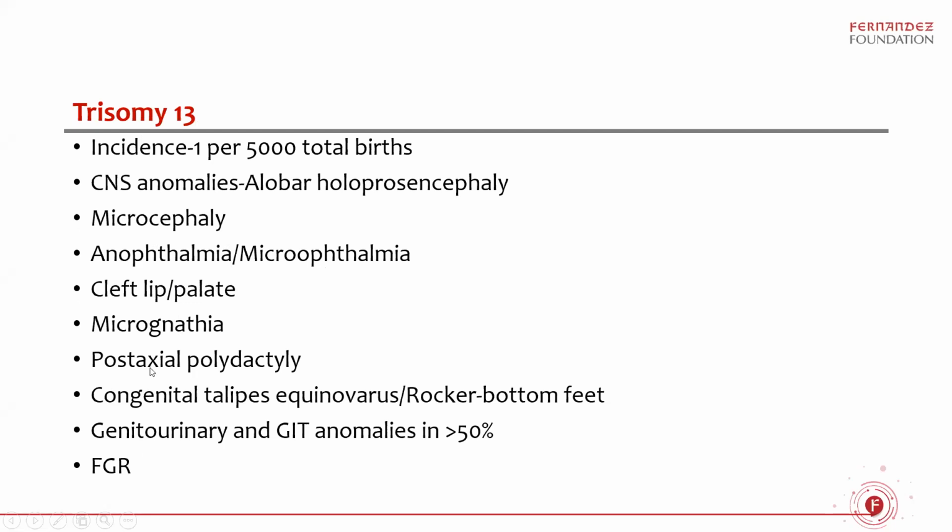In the extremities, postaxial polydactyly is a common finding, or sometimes they can have CTEV and rocker bottom feet in the lower limbs. Most of them will present with genitourinary and GIT anomalies, in more than 50% of the cases. And some of them can present with severe fetal growth restriction.